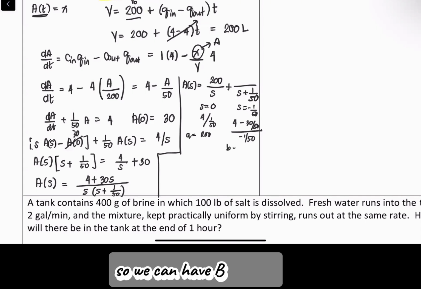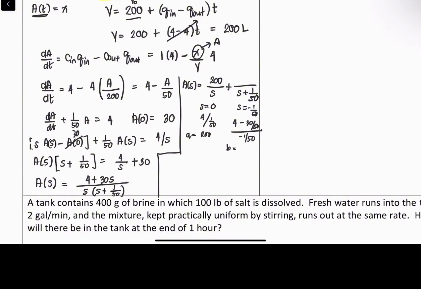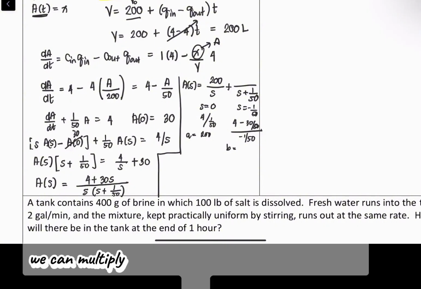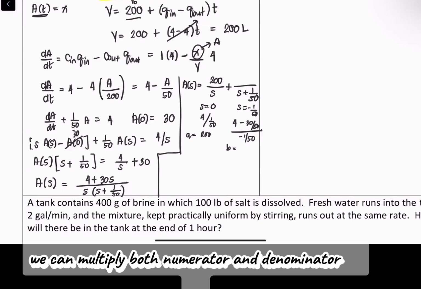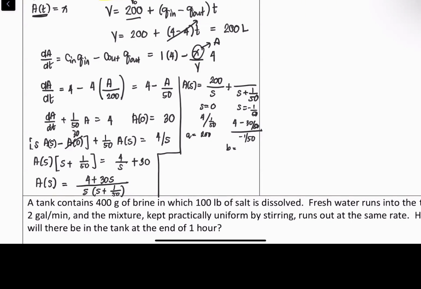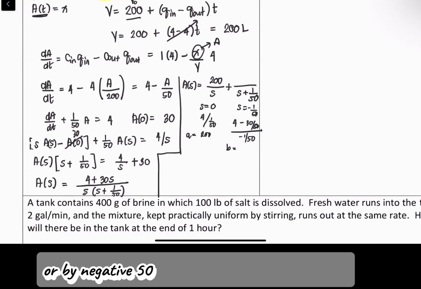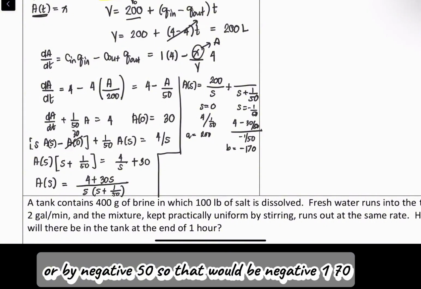So we can have b equal to, maybe we can multiply both numerator and denominator by 50 or by negative 50. So that would be negative 170.